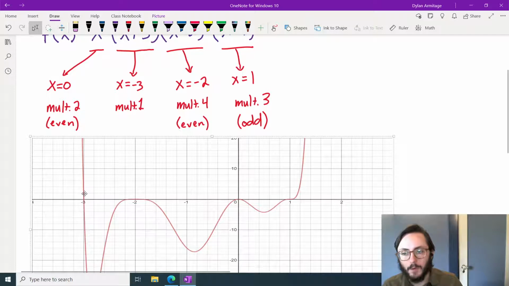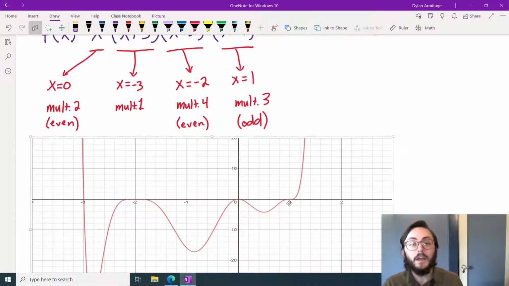But rather than just going straight through like a line, it does almost a cubic-like swerve through it. And this shares the same features as the even multiplicities: if you have a higher multiplicity, like 5, 7, 9, it's going to get sharper, or flatter, if you will.